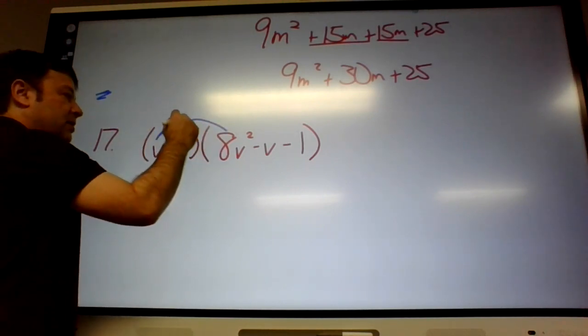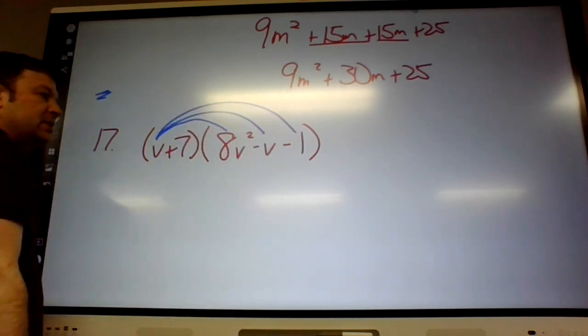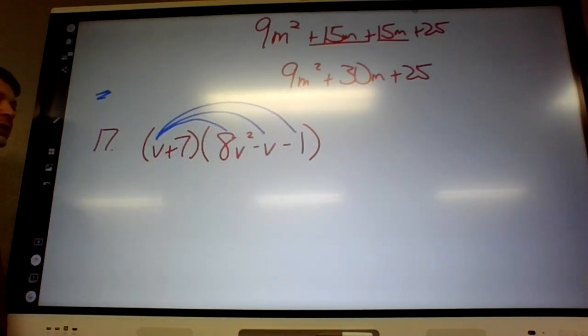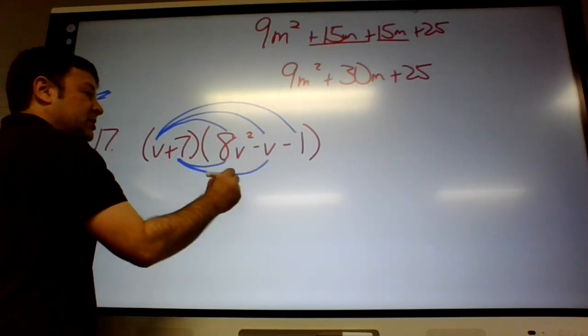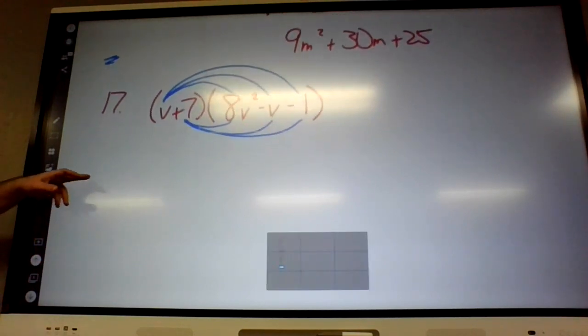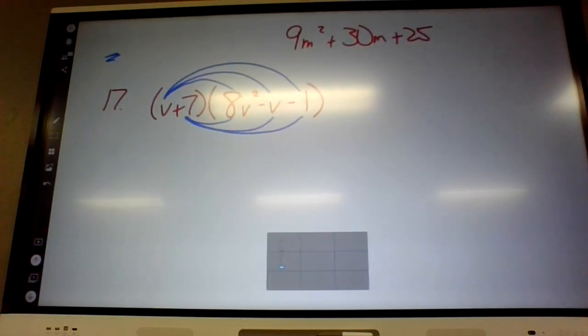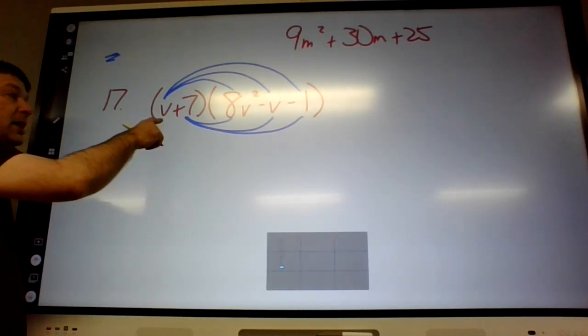Yeah, so just think of it like double distribute. v gets multiplied to all three, and 7 gets multiplied to all three. Go ahead, Sophia.